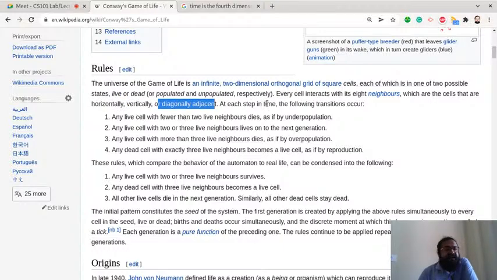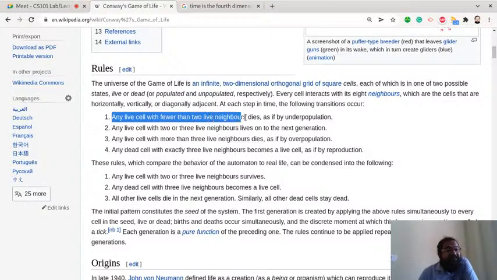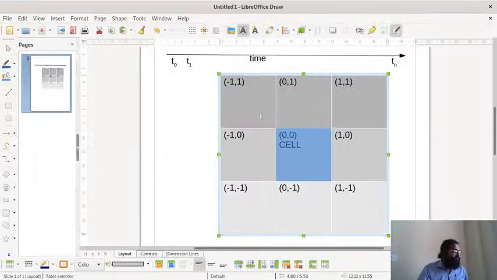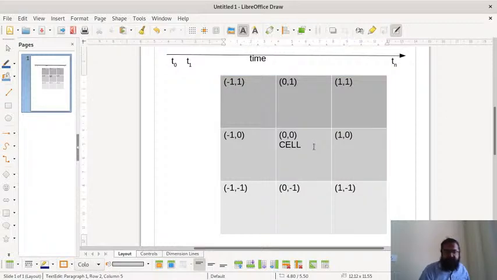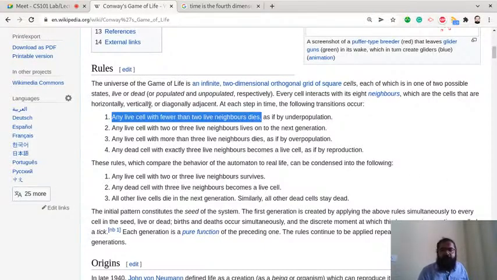At each step in time, the following transitions occur. Any live cell with fewer than 2 live neighbors dies. So a cell will die if in the locality of that particular cell there are fewer than 2 live neighbors. Say this is an alive cell, and what is fewer than 2 live neighbors?